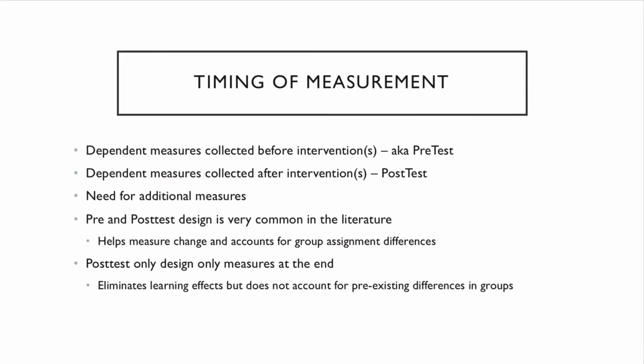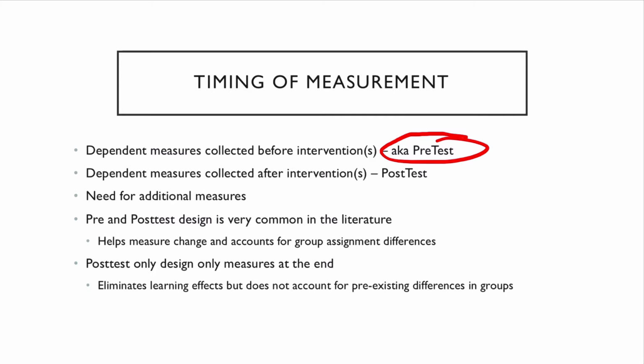The timing of the measurement also is going to be important. We want to have an idea of when we're going to take measurements, how often we're going to take measurements, and so on. Typically, in most studies, we do some type of a pretest to see where they are on the dependent variable before we do anything to the subjects. Sometimes we'll use the results of a pretest to even assign people to treatment groups.